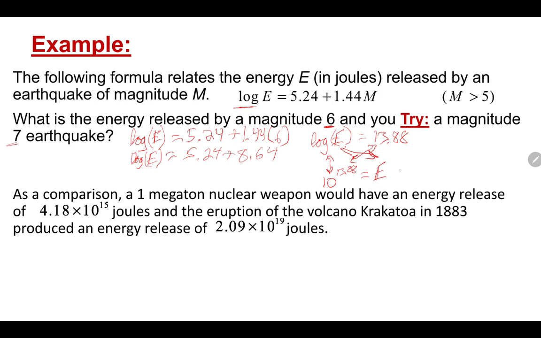It's one of those that's that big. So this is approximately, and maybe we'll do 2 decimal places, 7.59 times 10 to the 13th power. And if you don't remember scientific notation, that means move my decimal place 13 places that way, and that's how big that number is.